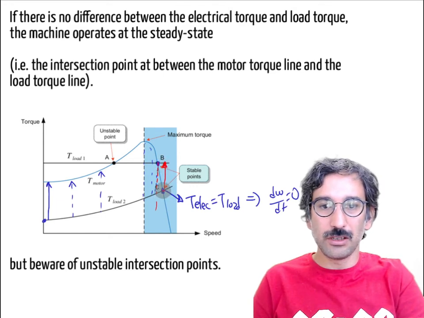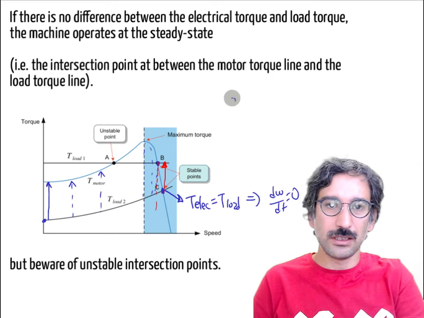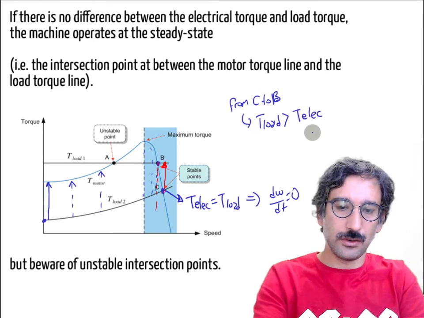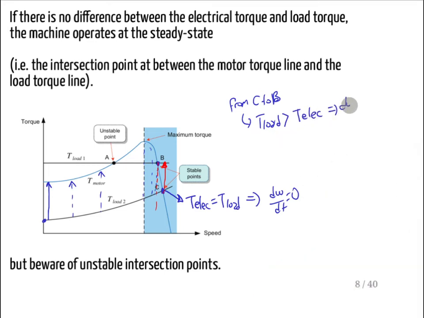So going from C to B, T load is larger than T electrical, therefore dω/dt is less than 0, so it will reduce its speed until they meet in the balance position. Once they are at point B, again T load is equal to T electrical.